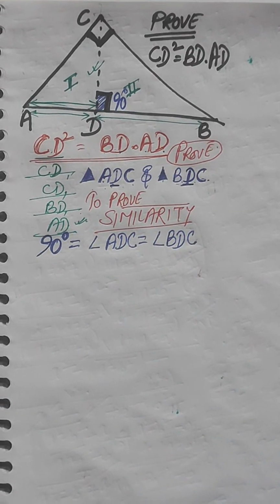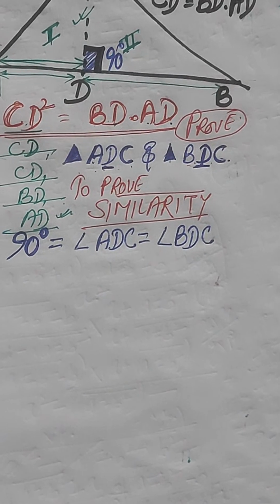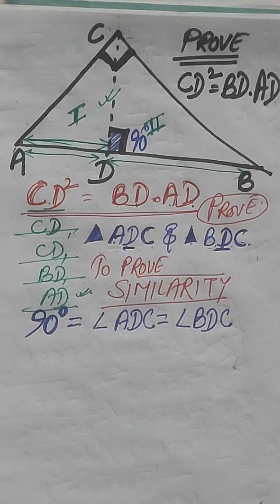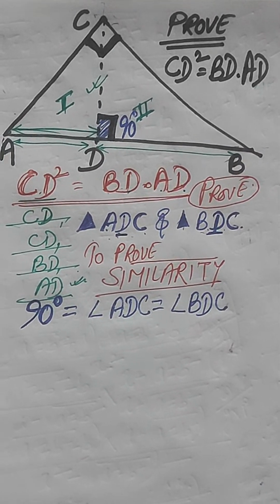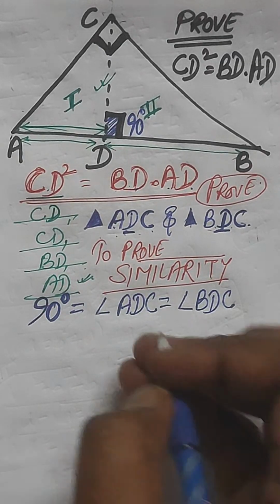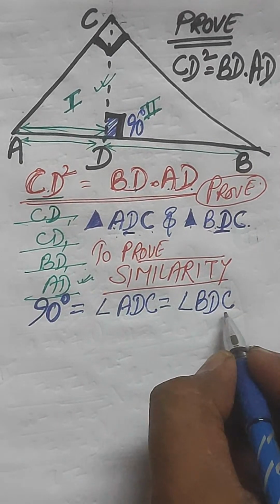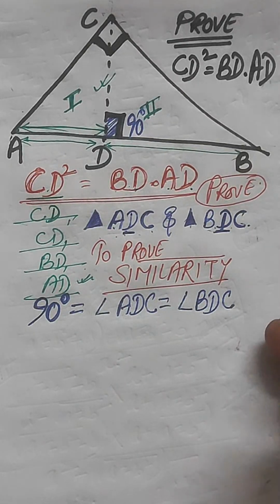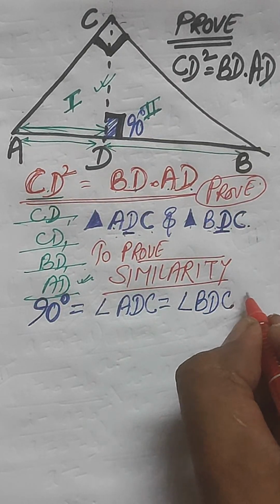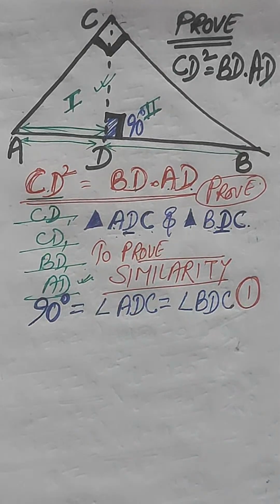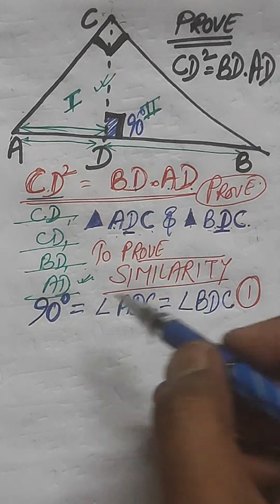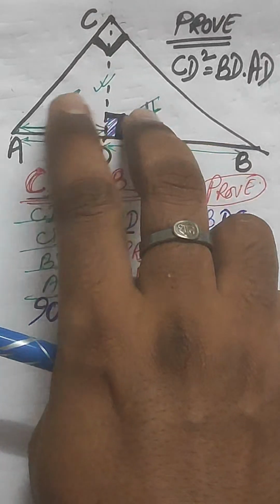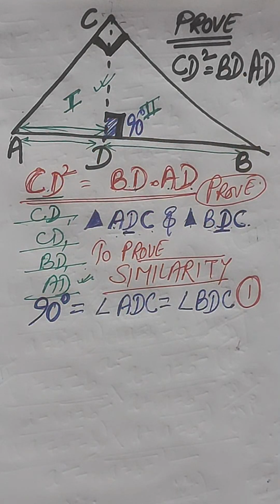Let me zoom a little. I think it's better visible now. So if angle ADC and BDC are equal, then we have one of the criteria fulfilled, criteria number one, that the angles are equal. Now what is the second angle which can be proved from these two triangles?